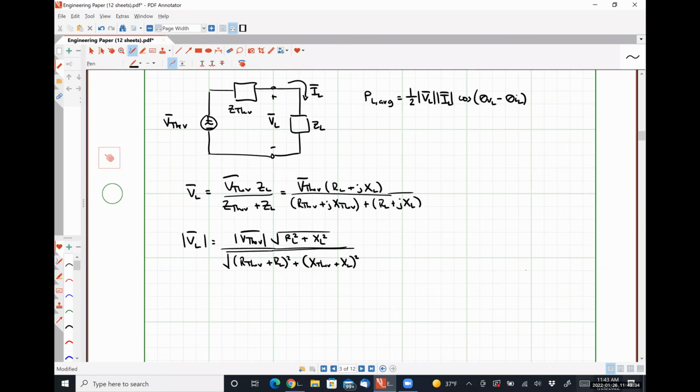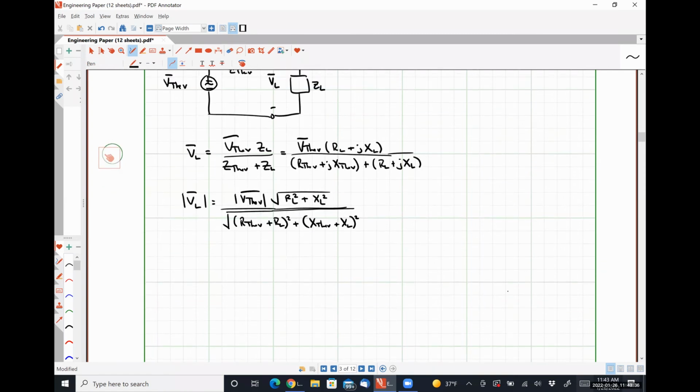To get my current IL, I can just use Ohm's law. So that's simply going to be V Thevenin divided by Z Thevenin plus ZL. And again, I'm going to expand my impedances into their rectangular form equivalents.